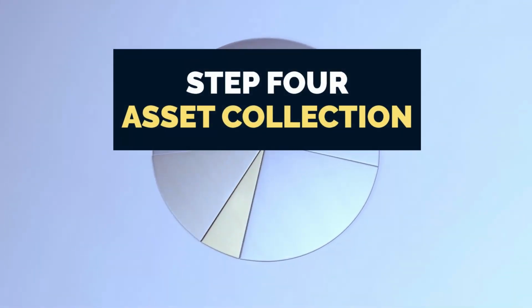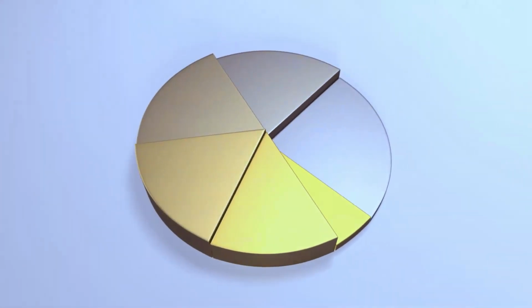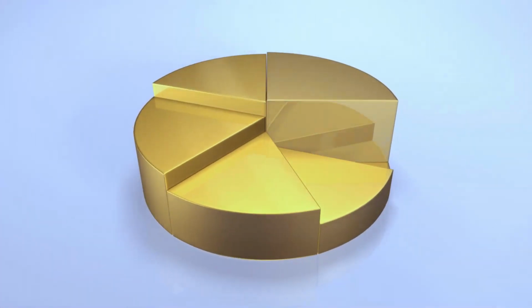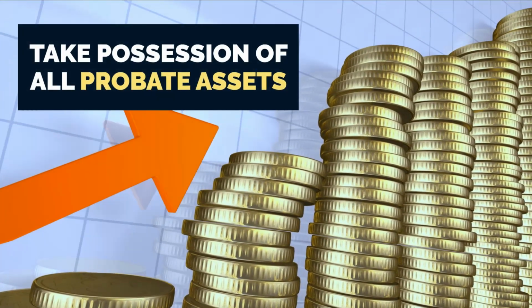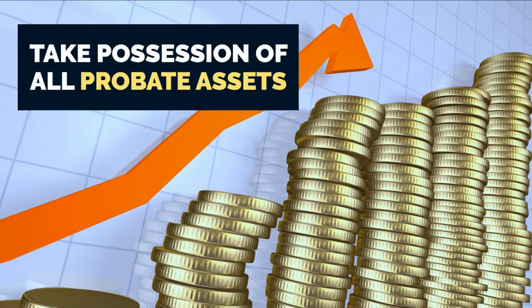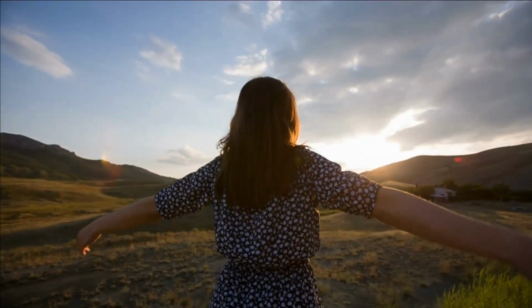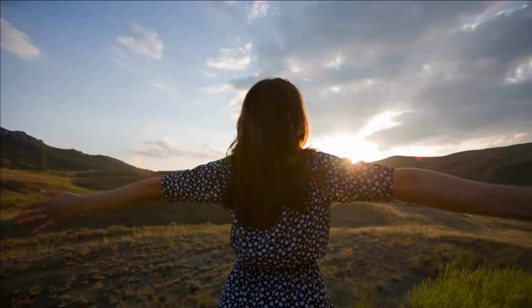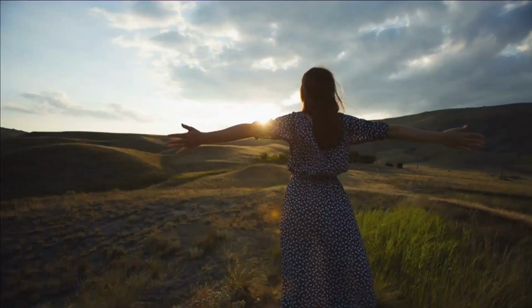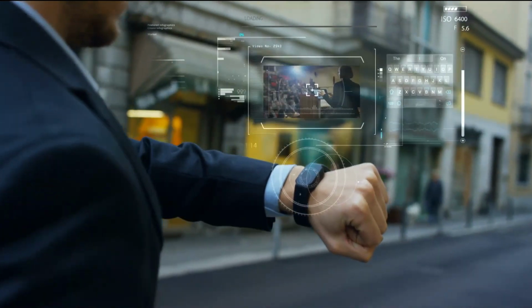Step 4. Asset collection. One of the primary duties of the personal representative is to take possession of all probate assets. There are some types of estate planning instruments that are not required to go through probate. If the title of an asset needs to be transferred to someone else, the personal representative must take care of that.